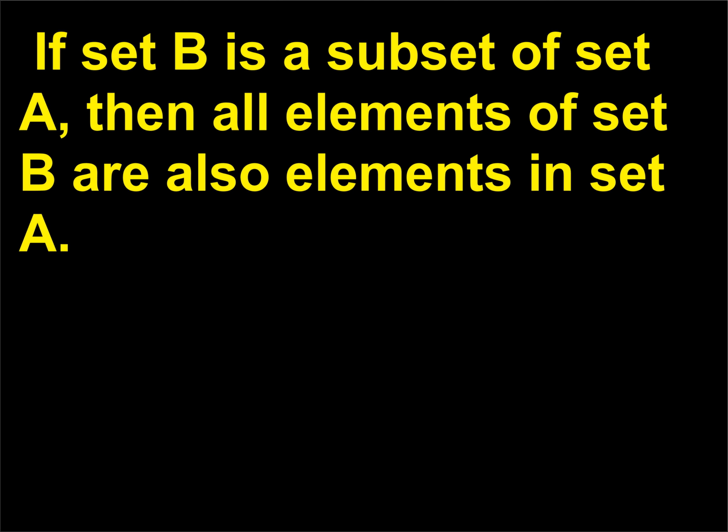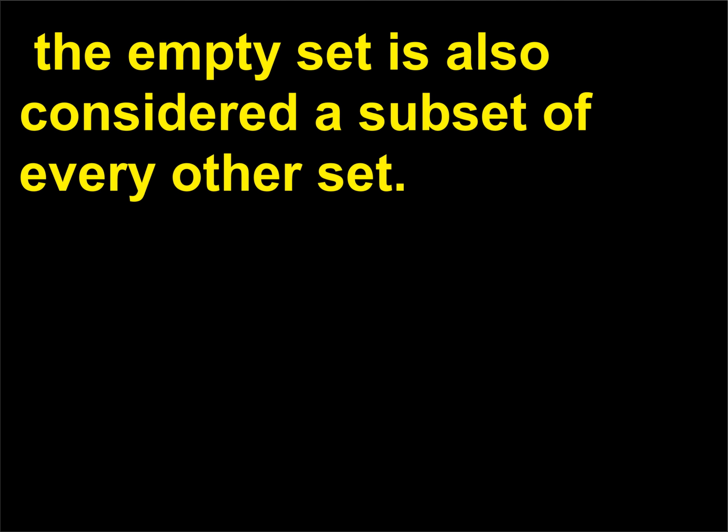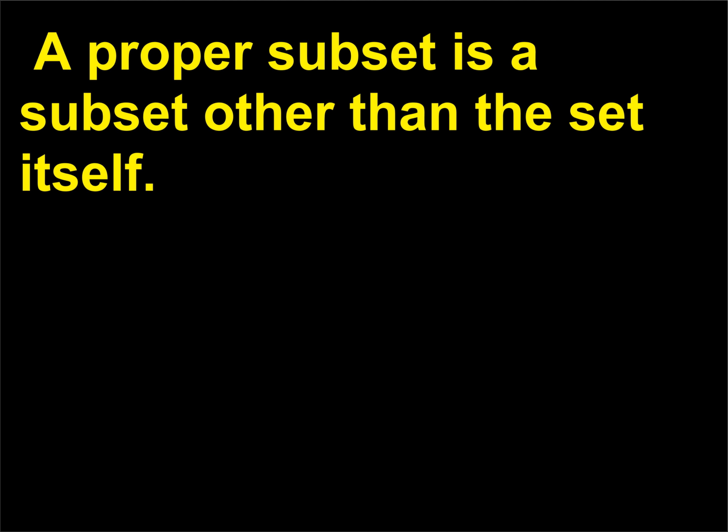If set B is a subset of set A, then all elements of set B are also elements in set A. If A and B are equal, then both sets are subsets of themselves. The empty set is also considered a subset of every other set. A proper subset is a subset other than the set itself.